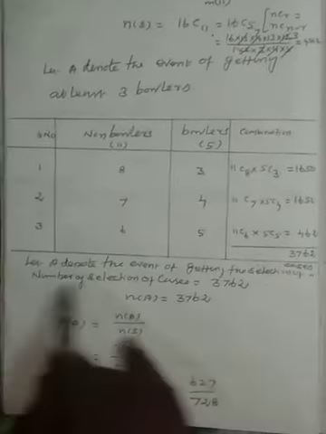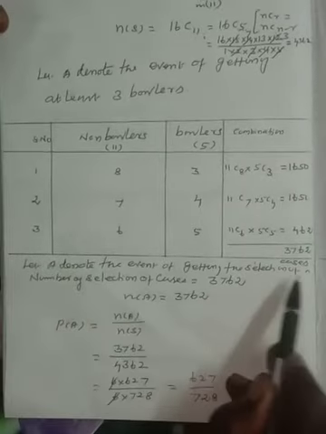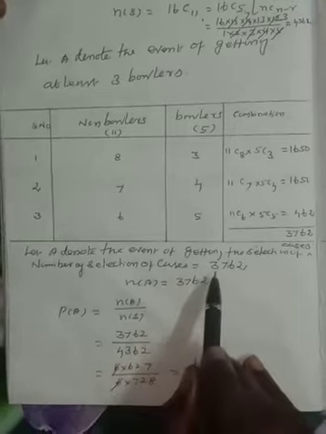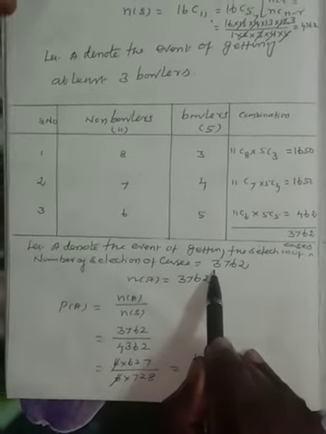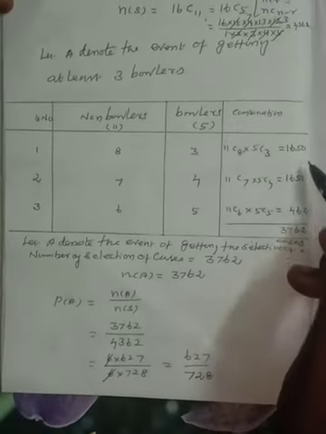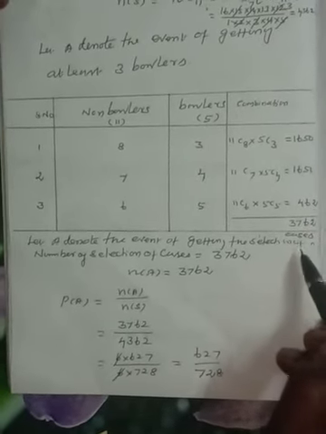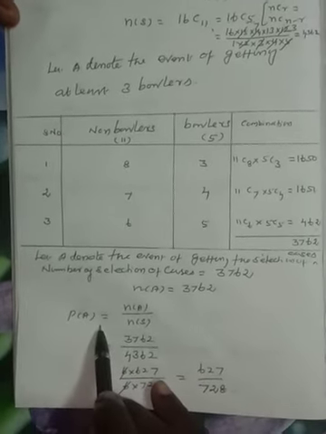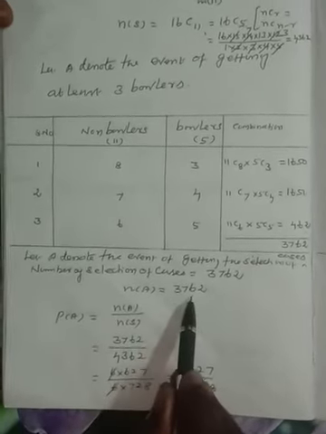Now let A denote the event of getting the selection. Number of selection of cases is equal to 3762, by adding these three. Probability of A: n of A is 3762.